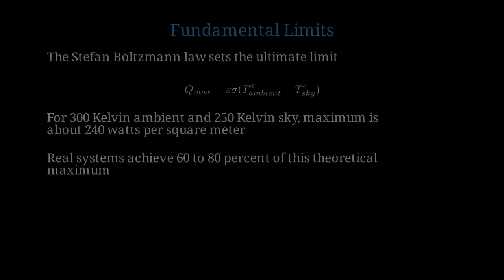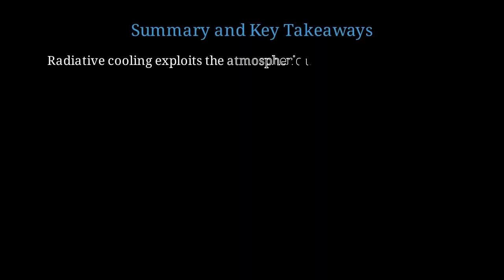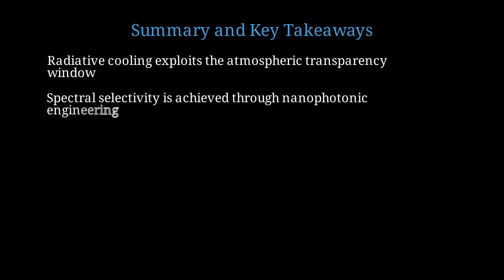transfer. Let me summarize the key points from this lecture. Radiative cooling exploits the atmospheric transparency window between 8 and 13 micrometers to access the cold reservoir of outer space. Spectral selectivity, high solar reflectance combined with high infrared emissivity, is achieved through careful nanophotonic engineering.